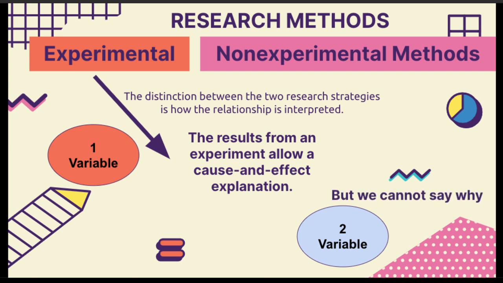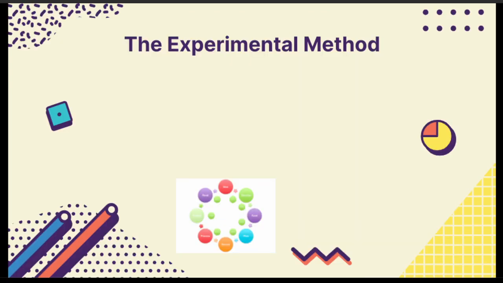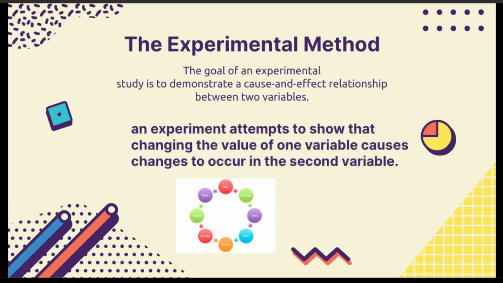So here we are going to discuss the experimental method. In the experimental method, one specific research method involves comparing group scores, and we are dealing with experimental research strategies, wherein the attempt is to show that changing the values of one variable causes changes to occur in the second variable.